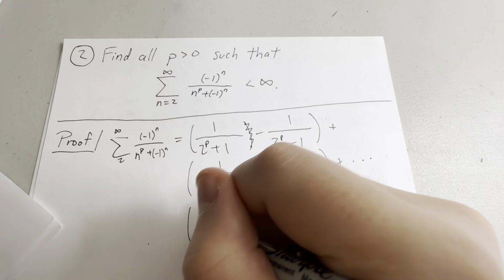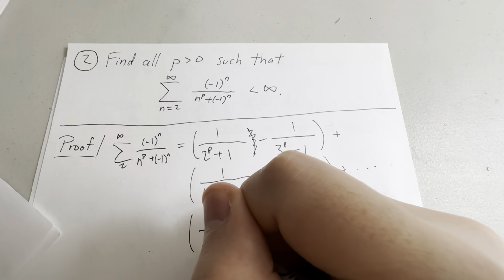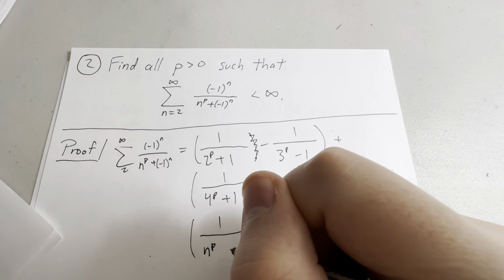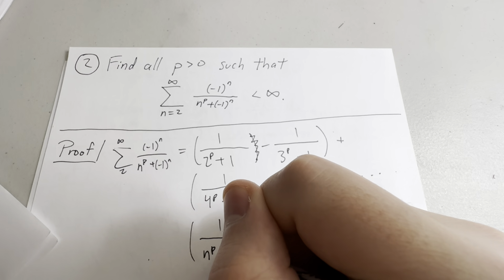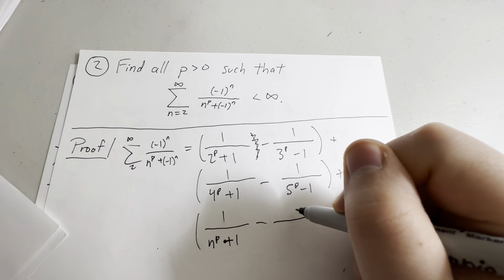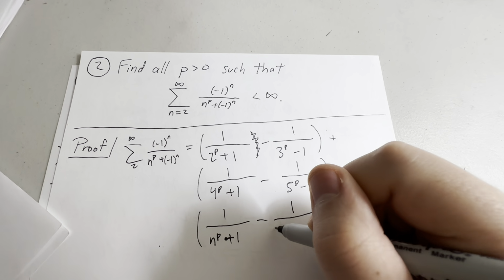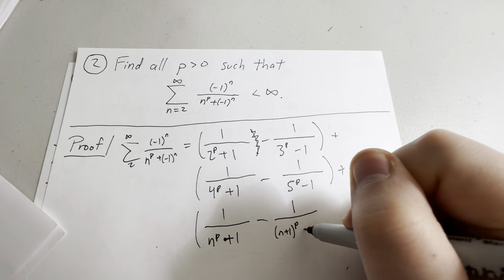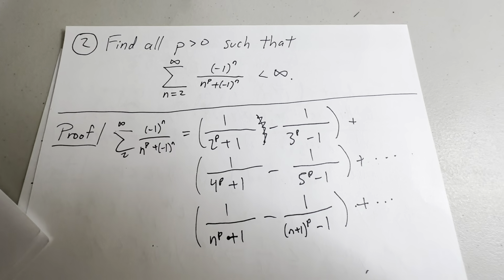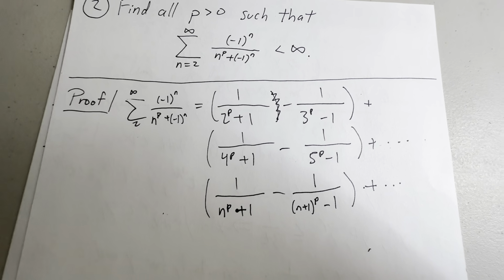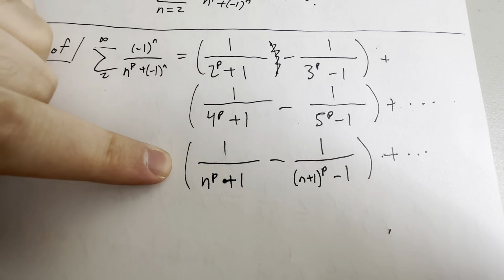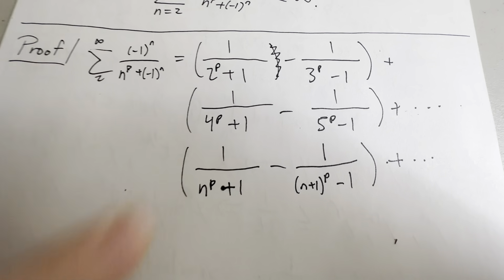And then at some stage we're going to have n, so we have 1 over n to the p, plus 1, and then minus 1 over (n plus 1) to the p, subtract 1, so on and so forth. And we're interested in seeing what happens to this term when n gets really stupidly big.